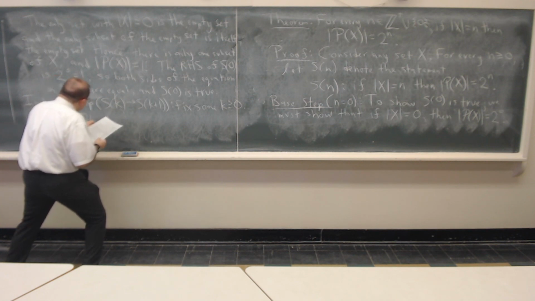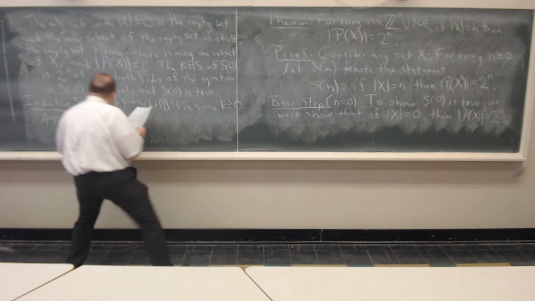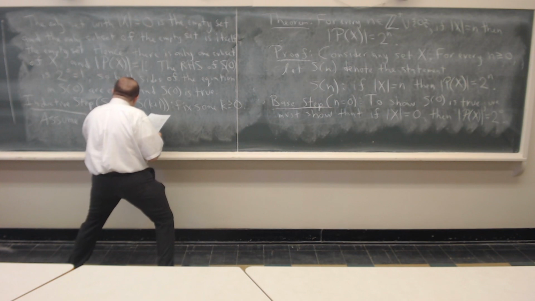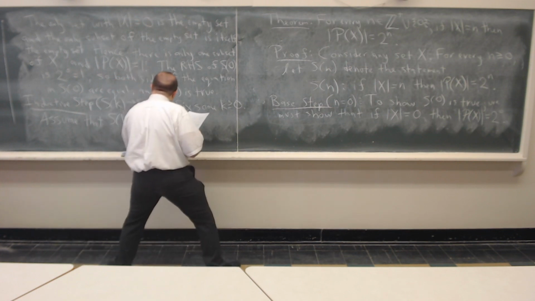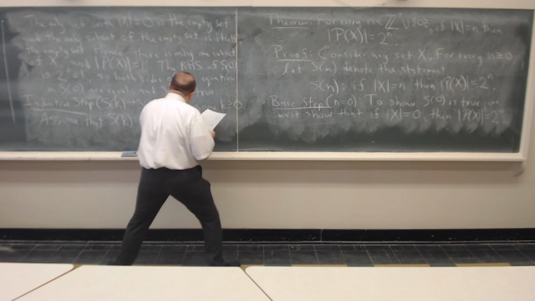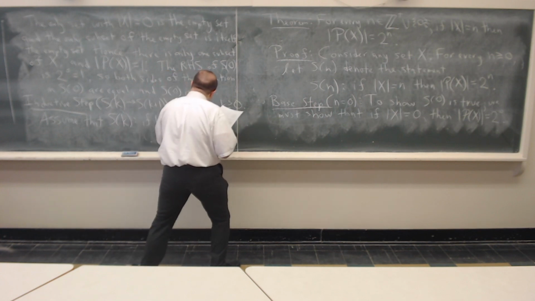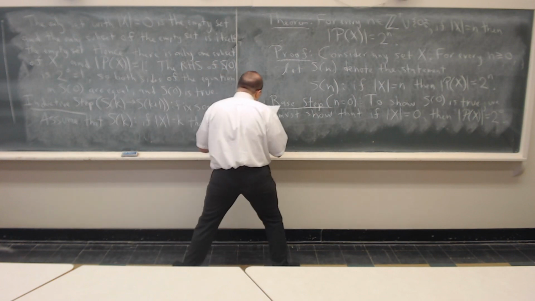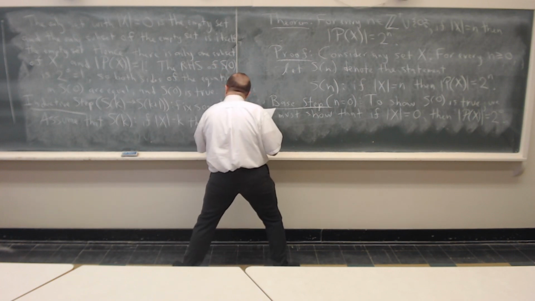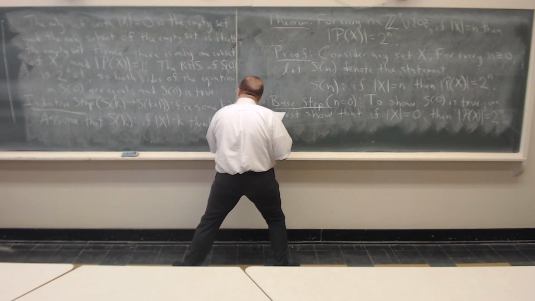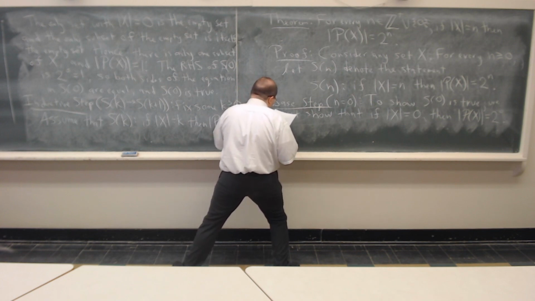Assume that S of k, so remember this is just if the cardinality of x equals k, then the cardinality of the power set of x is equal to 2 to the power of k.